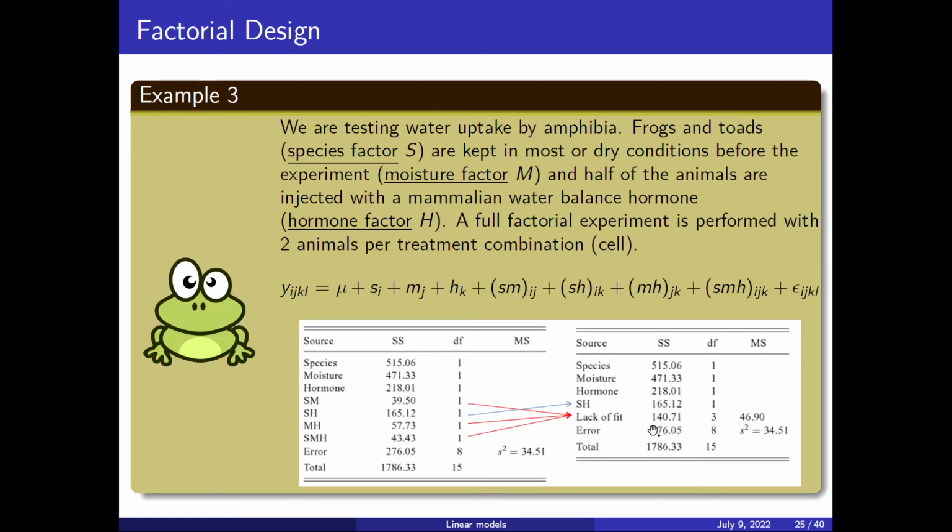And by accounting for all these contributions, they are taken out of the error, so the residuals will have less and less sum of squares, and it will be easier to show that each one of your main factors, or your hormone, that is the treatment that you are most interested in, will have a difference, because you are comparing 218 to 34, and all the other variability you have explained with other variables.